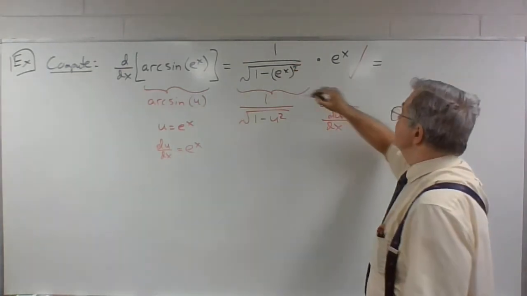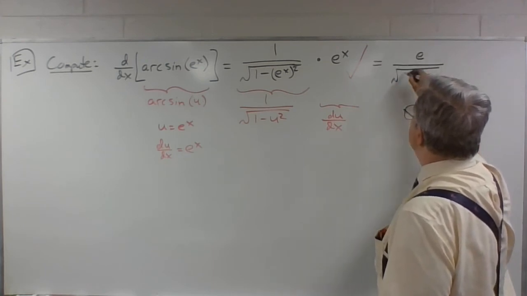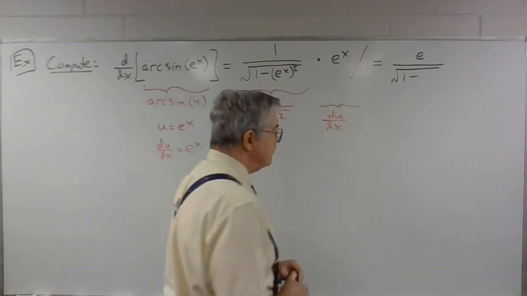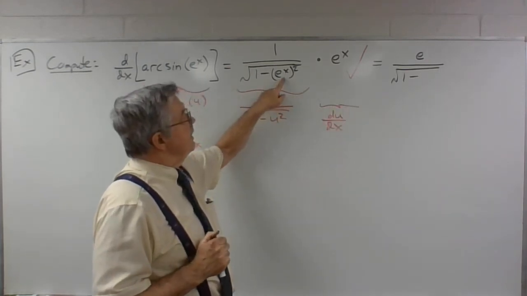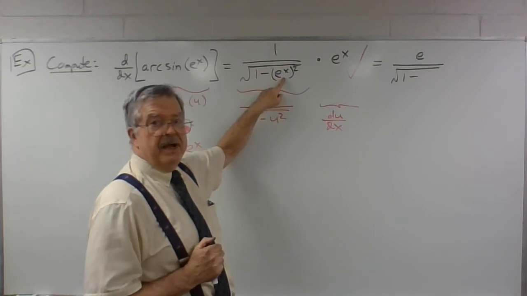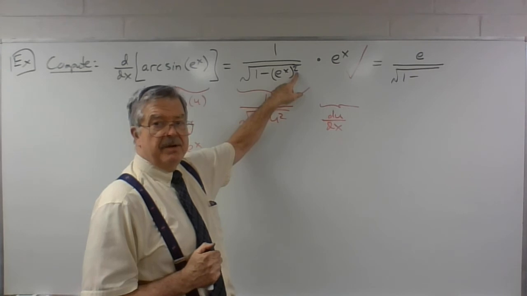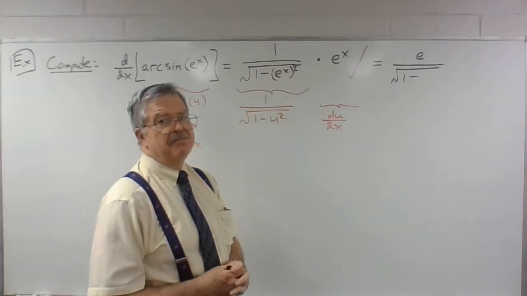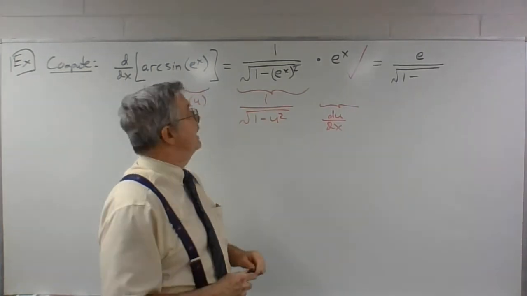I'll put the e on top, and I have square root of 1 minus something. Here I have something raised to a power, and that whole thing raised to a power. What do the exponents do? Right, they multiply.